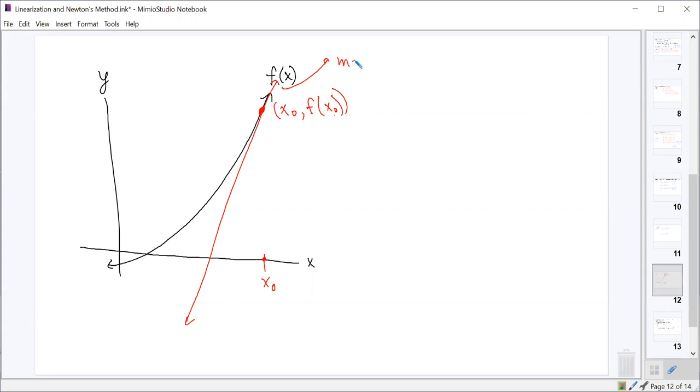So we're going to say the slope is f prime of, well, what's the x value? x naught, because that's the x value where we took that tangent line. The slope of the tangent line is the derivative f prime, and then it's f prime of x naught. The x value is x naught. Would everybody agree that that's the slope of that tangent line?